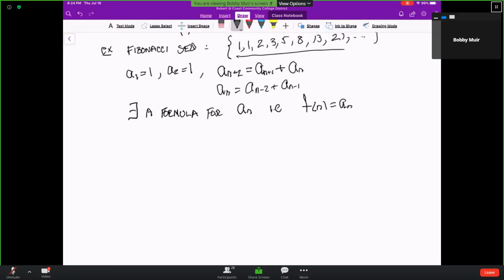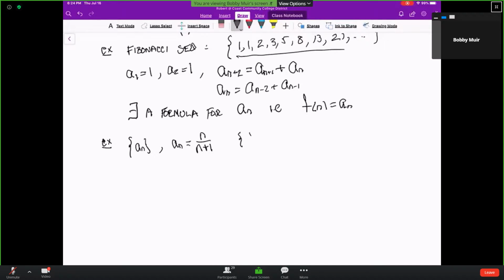Okay, so for this sequence, let's say A sub n, where the formula for A sub n is given by n over n plus 1. We start writing down some of the guys.